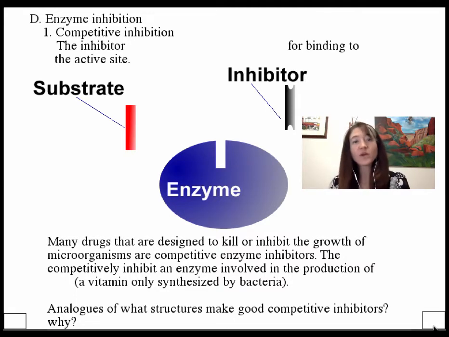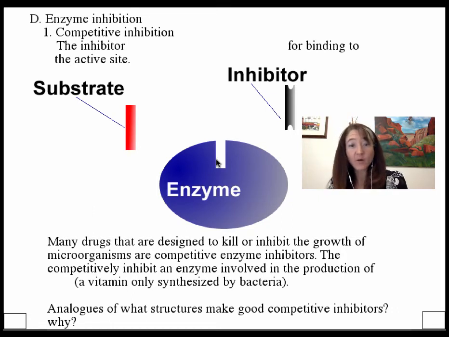That is, when we want to stop a bacterium from synthesizing its peptidoglycan, we design antibiotics that target the enzyme that builds, for example, the tetrapeptide chain in peptidoglycan. So we know that penicillin does that. So we know nature designed that one, but we also will design inhibitors that are competitive inhibitors of enzymes. That is, they literally get in the way of the binding of the substrate to the active site.